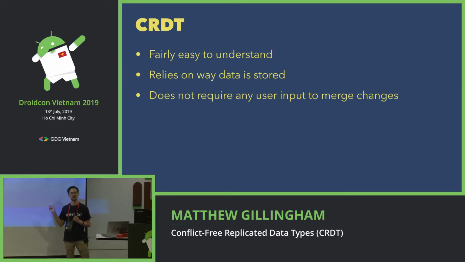The other interesting thing is that they're solved at the data model layer, so it doesn't really matter what your server-side implementation is like. It's basically just particular data structures. If you use these data structures with the APIs that are accessible to them, then your data will be able to synchronize without conflicts. So it's really simple in that way.